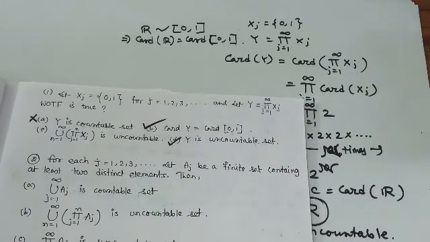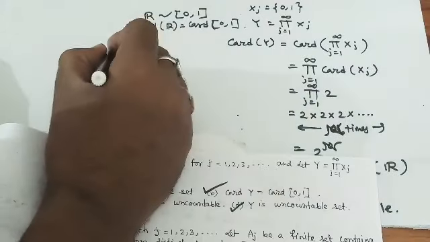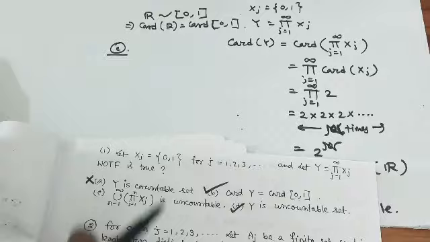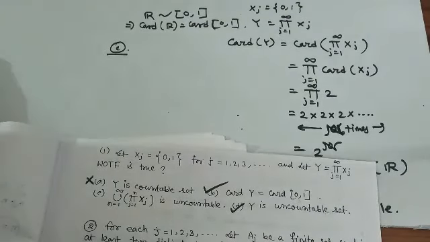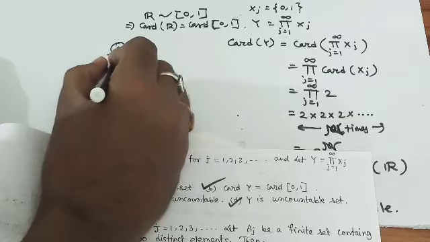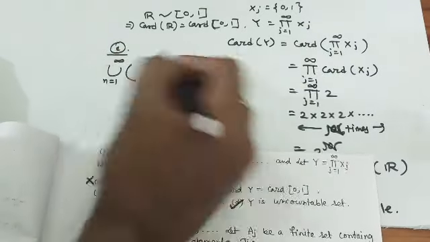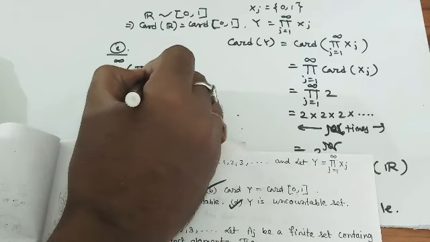Fine. Now what about the third option? For option C, you need to know a terminology called countable union. In our last video we have already described this. It is this union, n runs from 1 to infinity, of the products with j running from 1 to n.